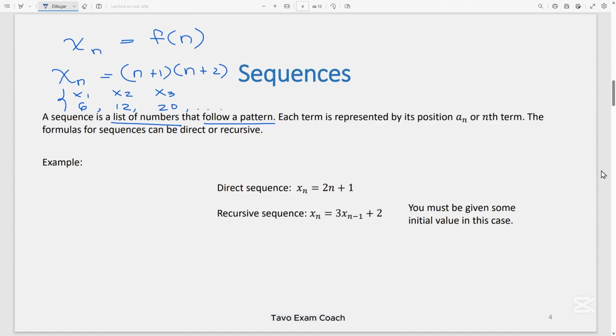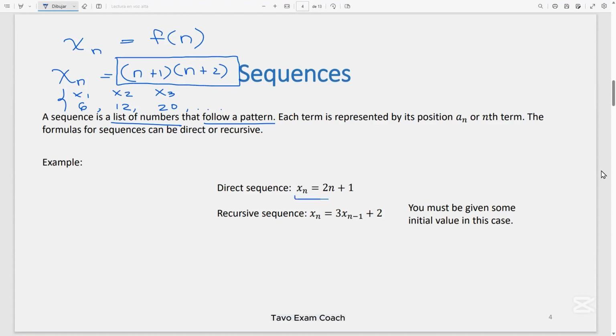Using the rule of formation for a sequence, we can predict the numeric value of the terms in the sequence. The rule by which we determine the precise value of a term of a sequence is always a set of algebraic operations with the position of the term. Here we have another example.